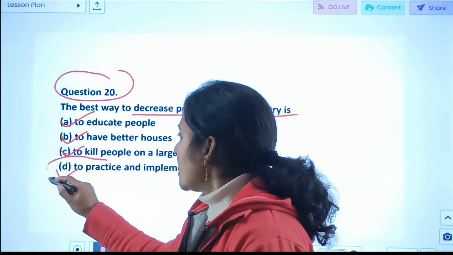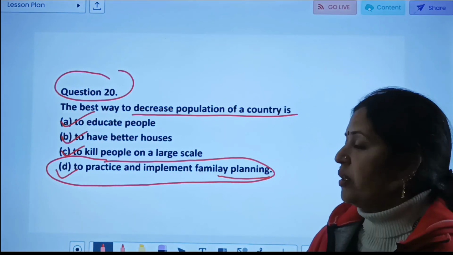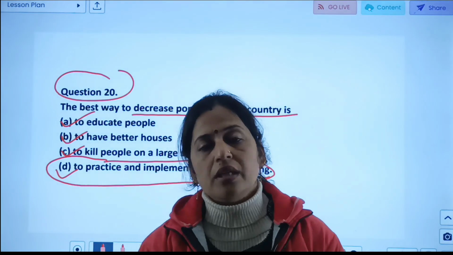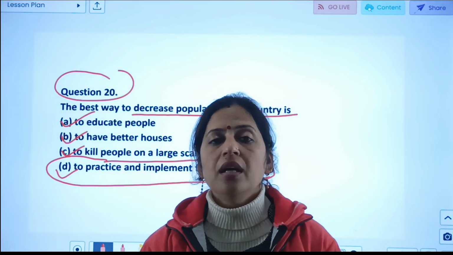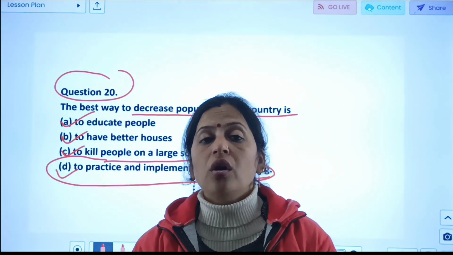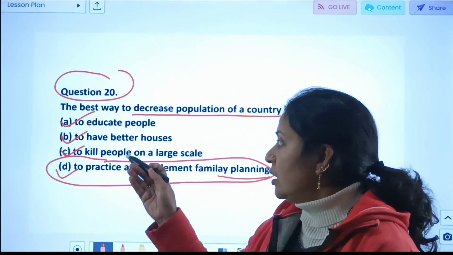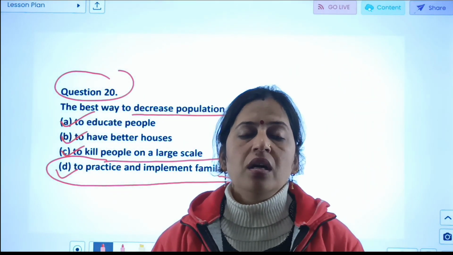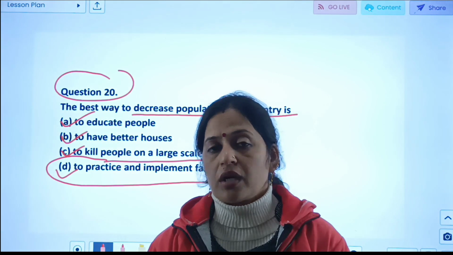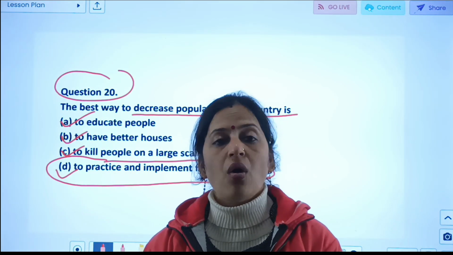This is the best method to decrease the population of a country, by to practice as well as to implement family planning, not by to educate the people, not by providing better houses, and even not to kill the people on a large scale. These are not the best methods, but only to practice and implement family planning is the only way by which we can easily decrease the population in our country.